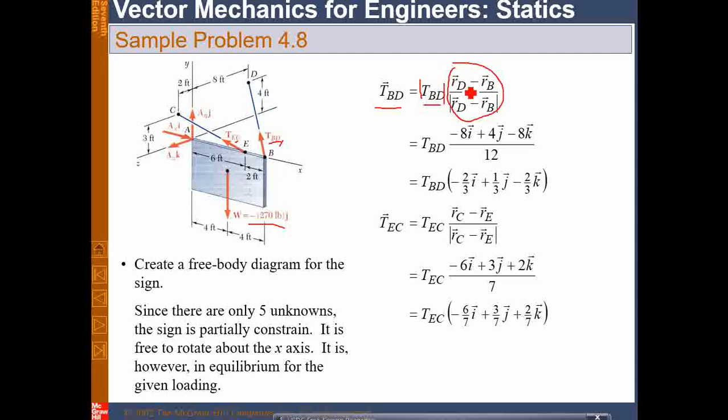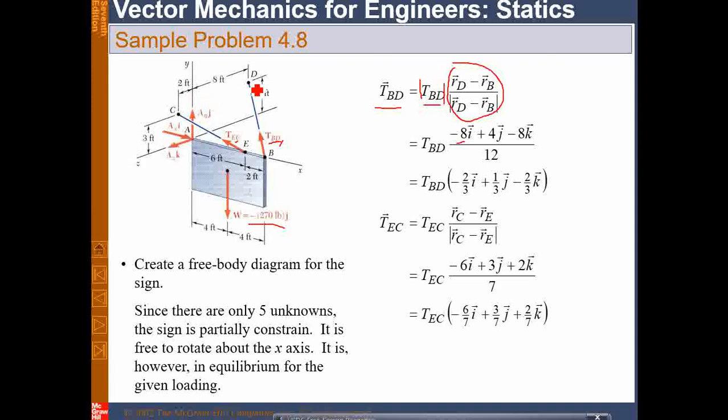How will you find out RD minus RB? You have to go from B to D, as a unit vector. So by going from B to D, you have to travel minus 8. This is 6 plus 2, minus 8. So this is minus 8 times I. Then plus 4 along this, 4 feet, plus 4 times J along this direction.